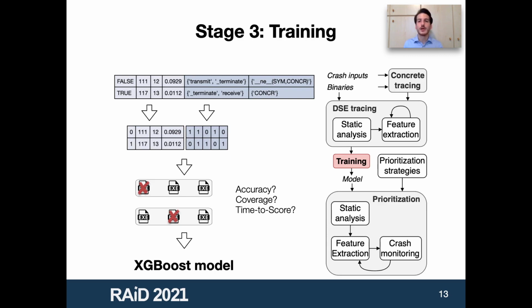To evaluate our classifiers, we will train the models on n-1 binaries at a time, use the branches in the nth binary as our testing set, use metrics such as accuracy, coverage, and time to score to measure the performance of the classifiers, and then repeat this process for n folds. In this example, we assume that the model with the best performance is the XGBoost model.